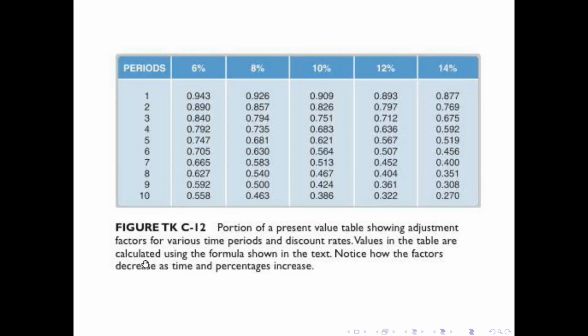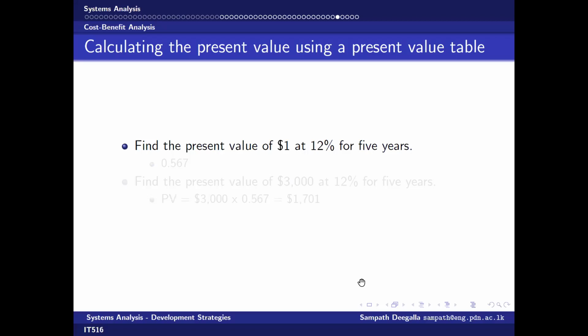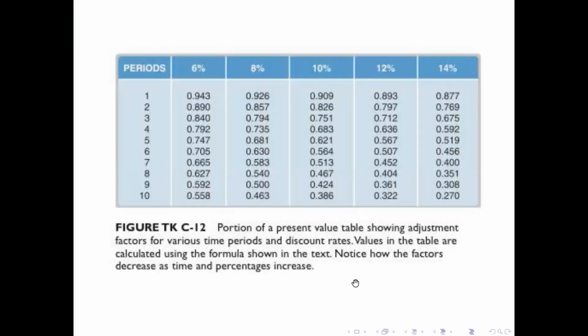Values in the table are calculated using the formula shown in the text, which I will discuss. But right now, what you need to learn is how to look at the present value of a future amount.